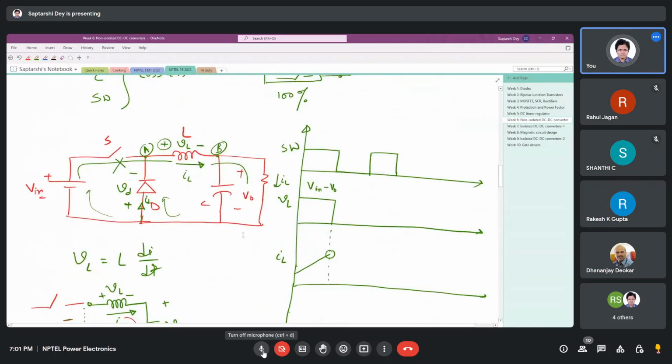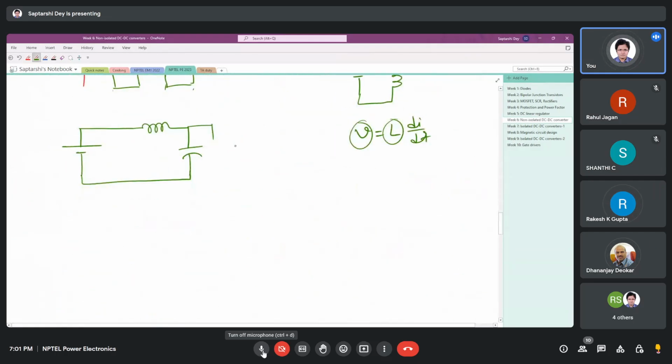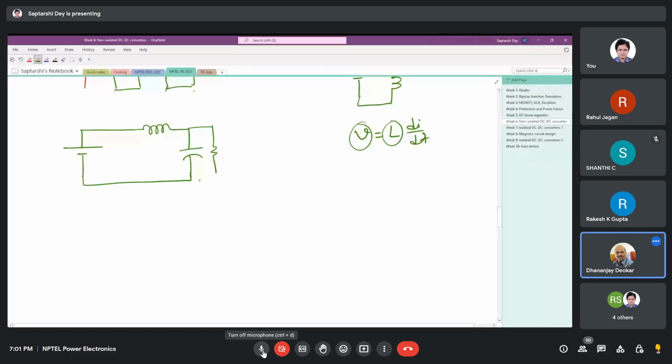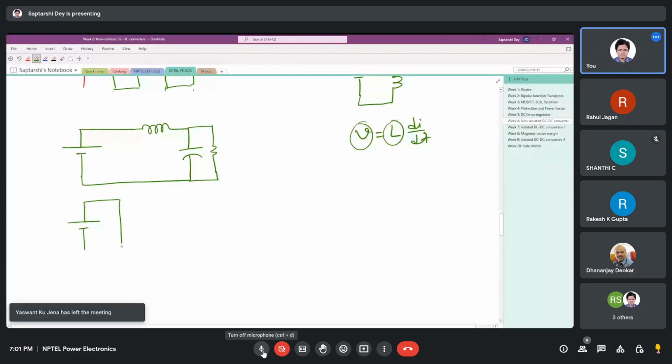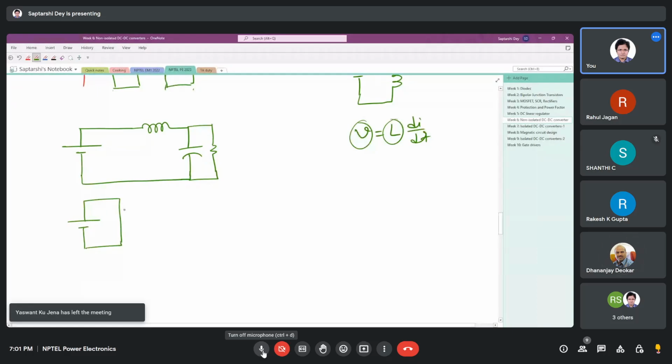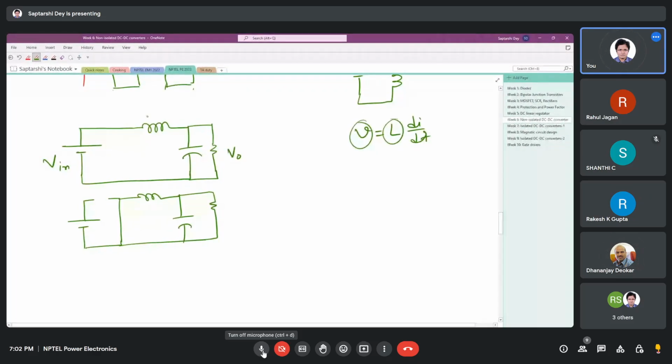I am drawing the buck converter circuit in two cases, when the switch is closed and when the switch is open. So this is the case when the switch is closed. This is the case when the switch is open. Now this is V in, this is VO.